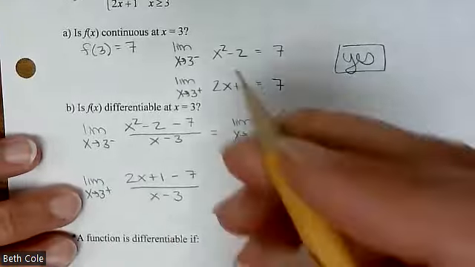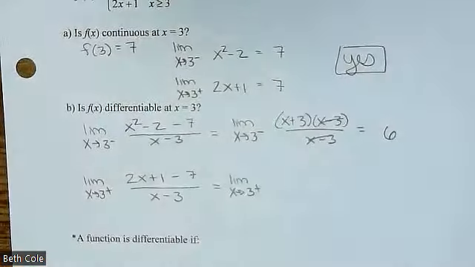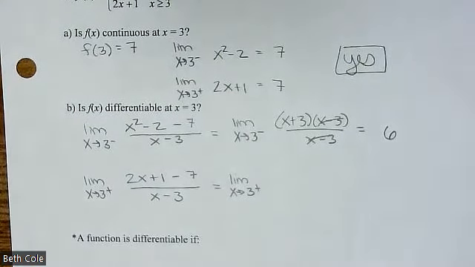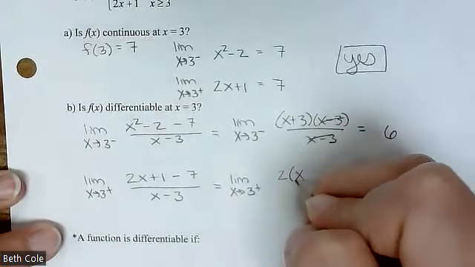All right, down here, limit as x goes to 3 from the right. What do we really have in the numerator? If you combine like terms, 2x minus 6, what can you do with that? 2. Good.